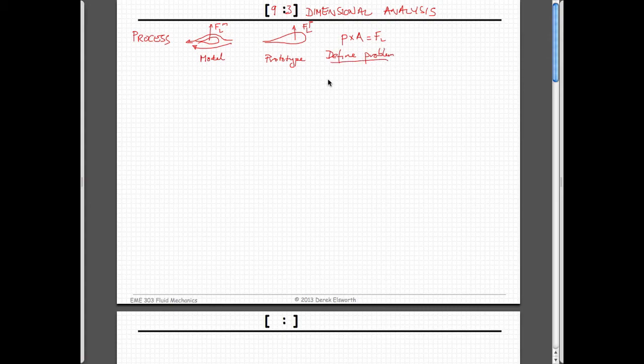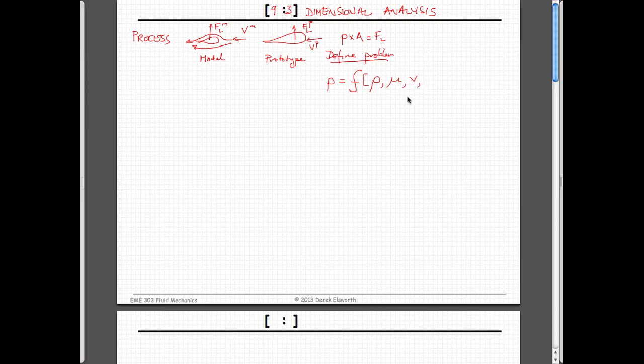And so what we did do is we define all the variables. The pressure that we have in the system is a function of some particular variables. Well, what are the variables? There's a density of a fluid that's flowing past it. This would be the velocity of the model, and the velocity of the prototype. So there's a density, there's a viscosity, there's a velocity, for instance.